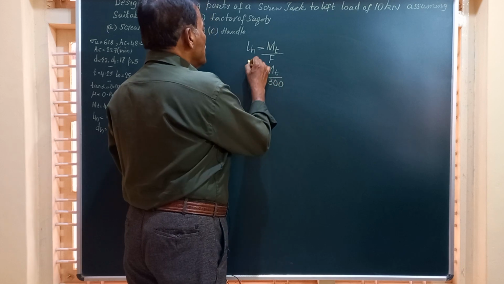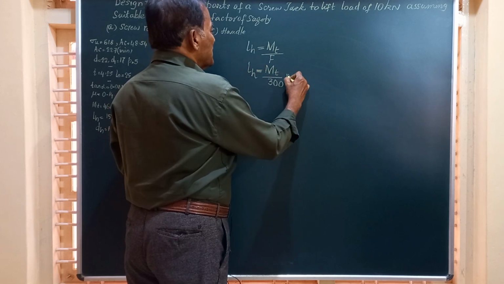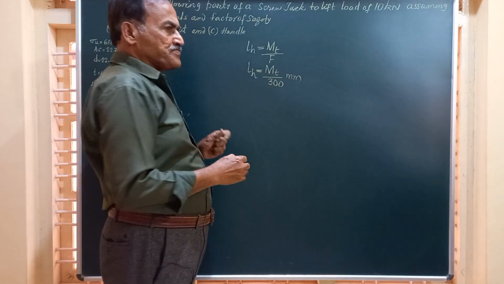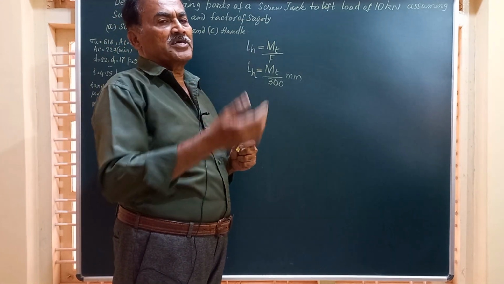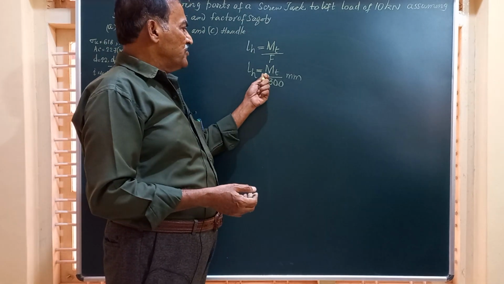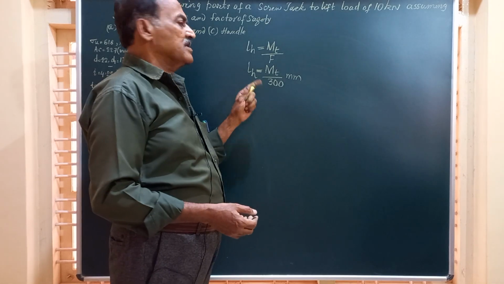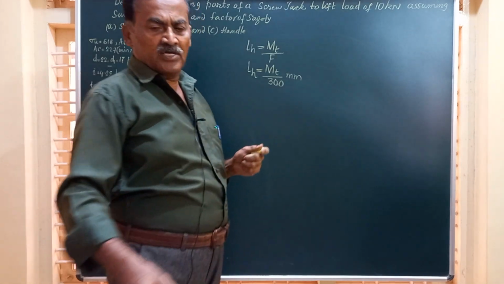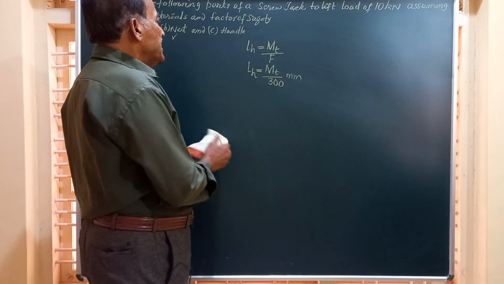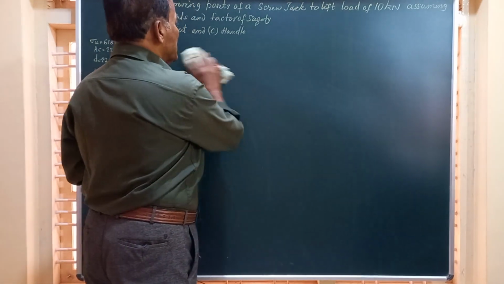If you are able to find the value of MT, the torque required to raise the load, we can divide one by the other and obtain the length of the handle LH. So first of all, we will have to calculate this MT.